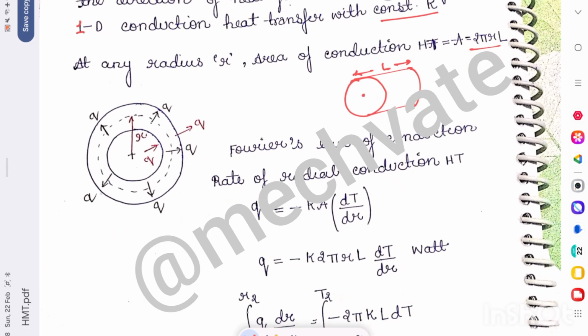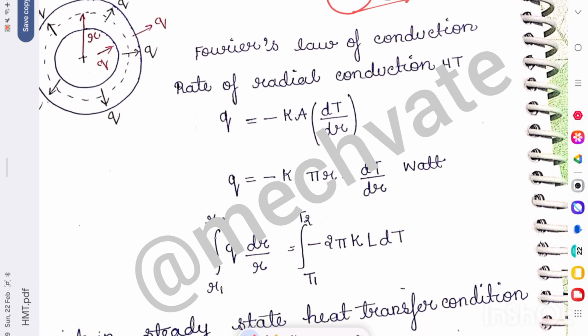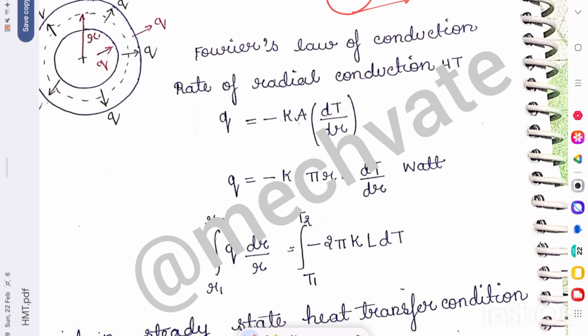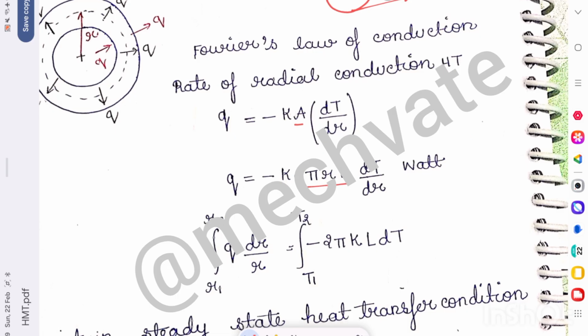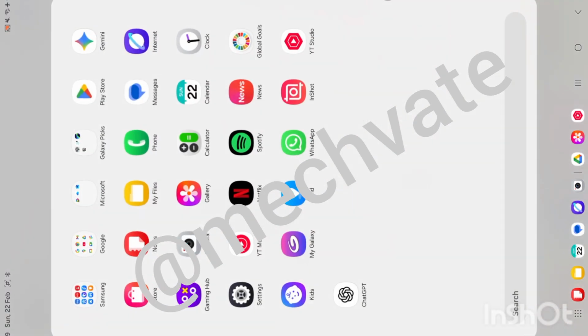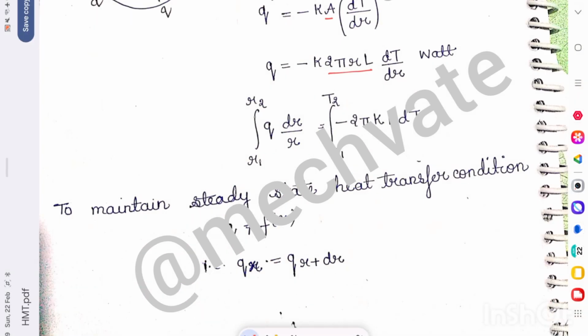So the rate of radial conduction heat transfer Q is equal to, like for the case of a slab we wrote minus K A dT by dx, but here r is varying, so dT by dr. Then substitute the value of A, 2 pi r L here, and apply the boundary condition: Q dr by r equals minus 2 pi K L dT.